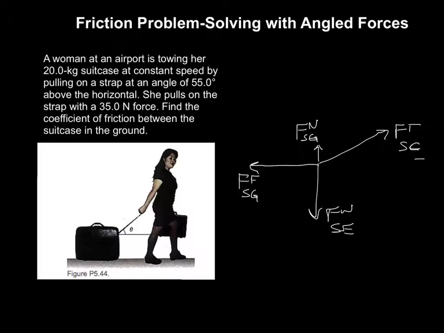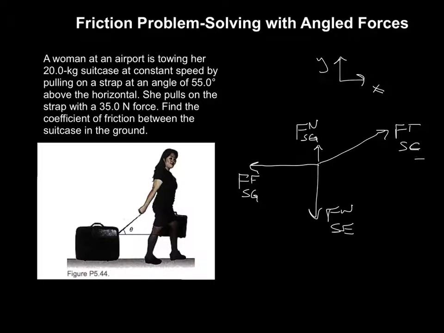What I want to do now is remind you of another skill that you have, and that's called componentizing. If you remember, we can't really go forward with this type of free body diagram until we have componentized. We're going to use our typical coordinate system direction: to the right is positive and up is positive.